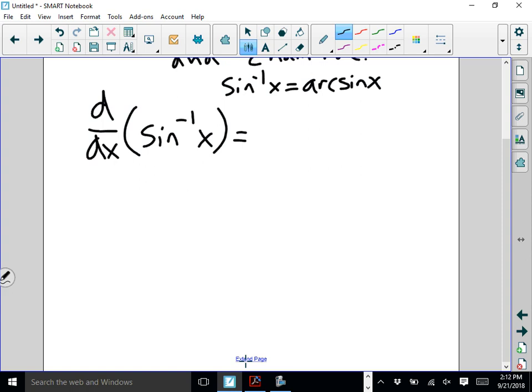So the answer is, the derivative of arcsine of x is 1 over the square root of 1 minus x squared. Again, if you've been making note cards, this would be a good one to put on there. They don't test this concept a ton on the test, but they show up every once in a while, and it's just nice to be able to get that point. We also have the derivative of the arc cosine of x.